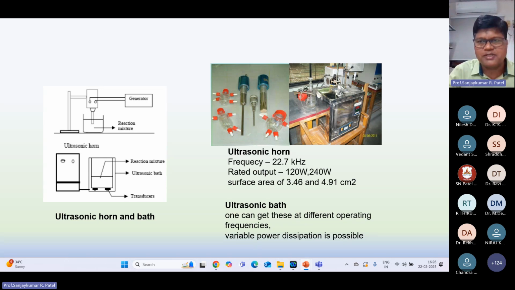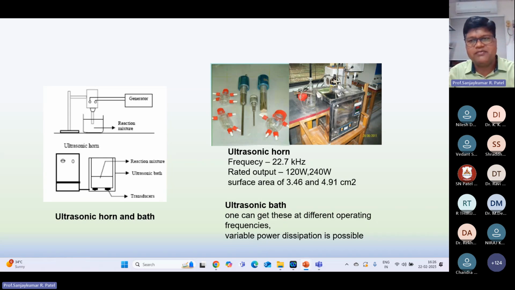Okay, there is a specific volume, and over the bottom plate, piezoelectric transducers are attached, and they create the sound waves by converting electrical energy into sound energy, and the sound energy is then passed through the liquid which is filled in this cavity, in which the beaker can be kept, and in that beaker a particular solution can be kept.